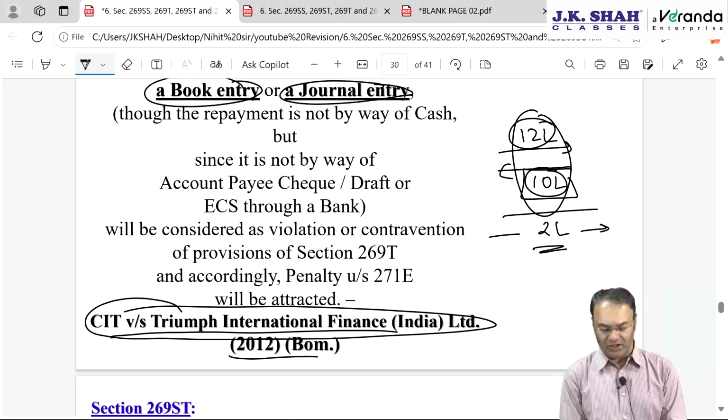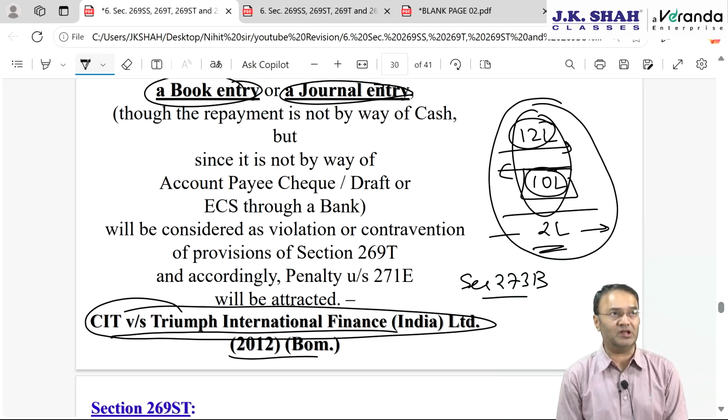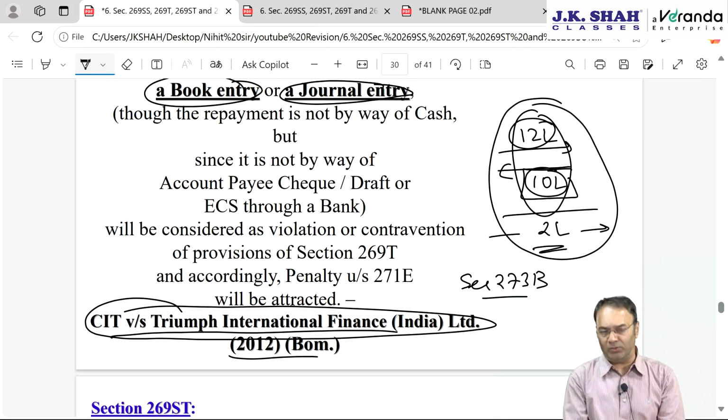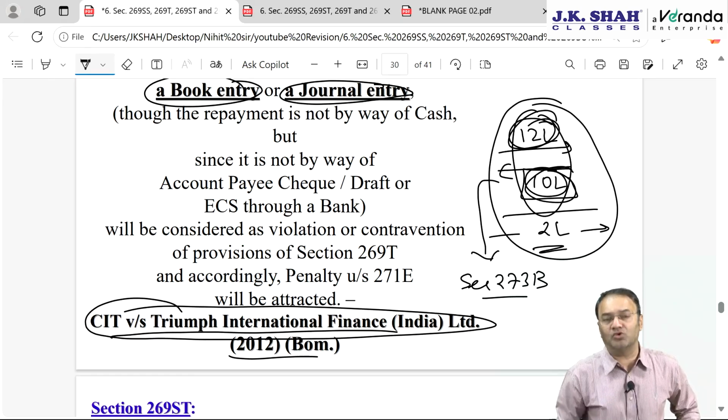The Bombay High Court finally deleted the penalty, applying 273B, calling this a reasonable cause. Otherwise, there would have been a duplication. One party paying 12 lakh, another party paying 10 lakh, both of them have to pay each other, that will be duplication. Therefore, to avoid duplication, if they have squared it off by journal entry, then we give you the benefit of doubt, because both these transactions were reflected in their books of accounts earlier, in the balance sheet, P&L, everywhere.